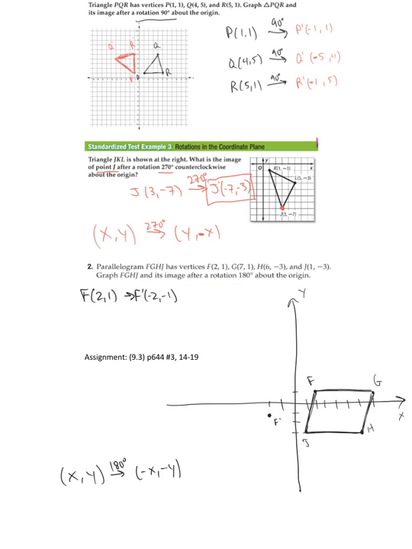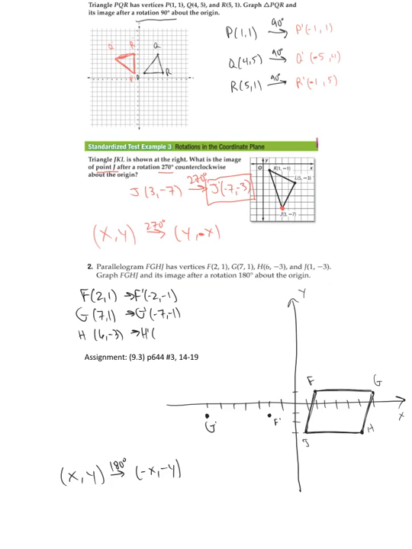And we're going to do the same with all the points. So G was (7, 1). So G prime will be (-7, -1). And we've got to do H, which was (6, -3).